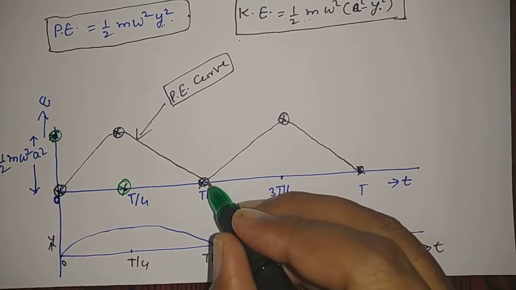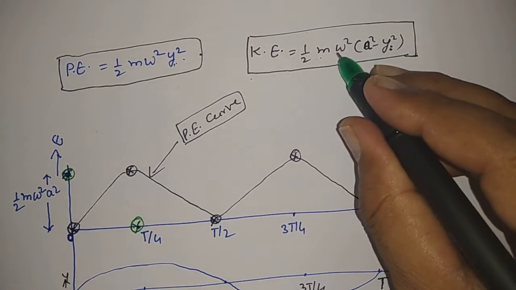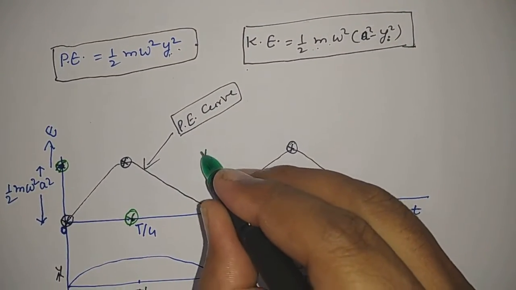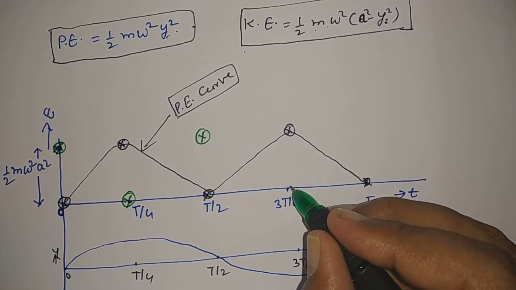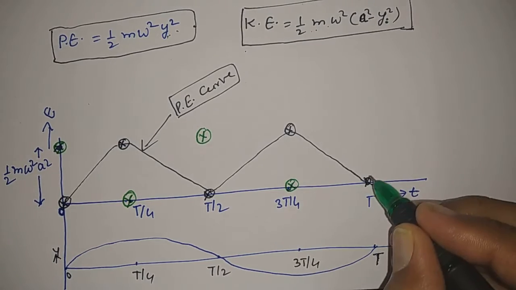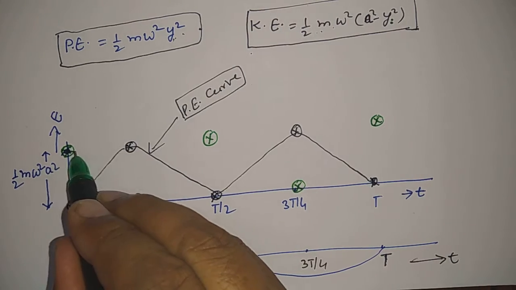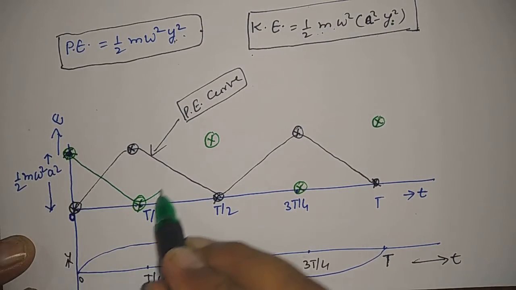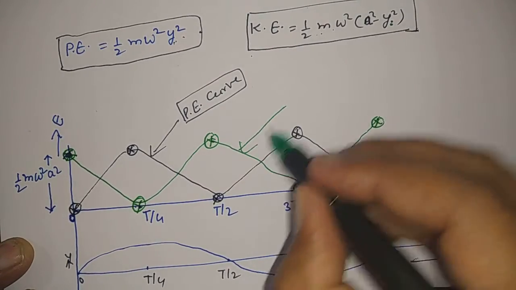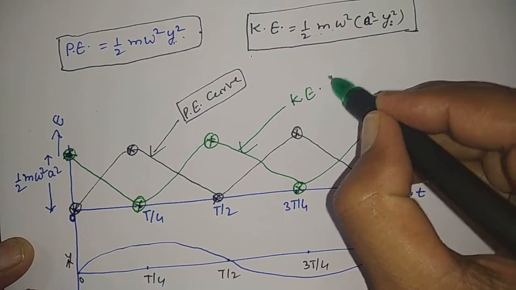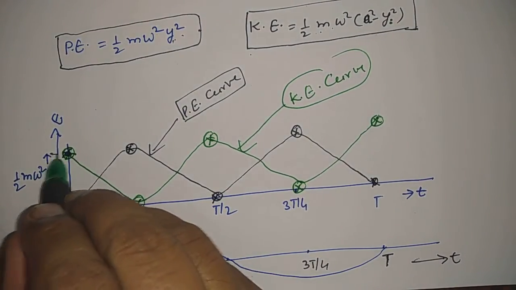At t by 2, again y is 0 at the mean position, so again it is half m omega square a square. At 3t by 4, again the extreme position, and kinetic energy is 0. At T it is again maximum. See the kinetic energy curve in green color. This is the kinetic energy curve.